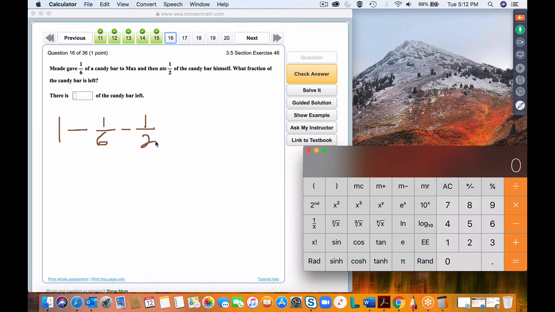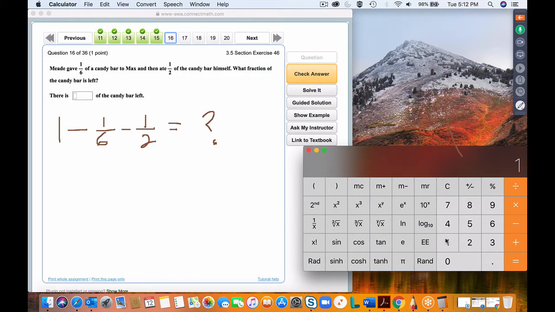What fraction of the candy bar is left? They ask you what is left. So we can check. Let's see if we can do it in the calculator.